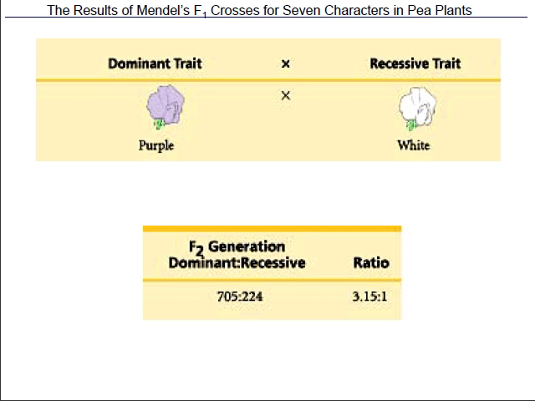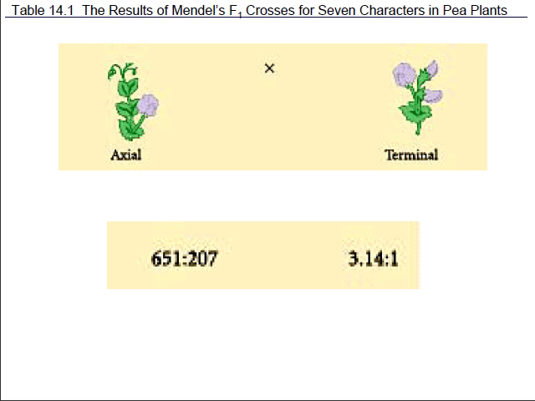And one thing that Mendel discovered when he did this experiment while monitoring other traits of these plants is that it wasn't just in the purple versus white situation that he got 3-to-1 ratios in the F2 generation. We can take a look at axial flowered plants versus terminal flowered plants. That is, are the flowers on the ends versus somewhere in the middle.